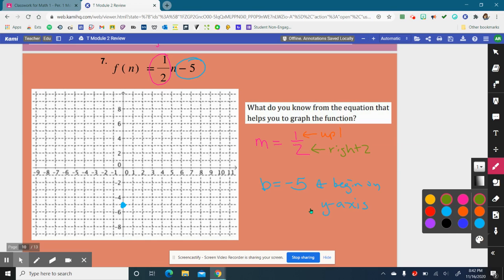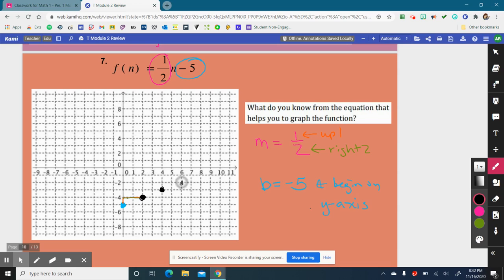So from my blue dot, I'm going to go up 1, and then to the right 2. And I am going to plot the dot for that, and I'll plot it in black. I'm going to do that movement again: up 1, to the right 2, plot a dot.